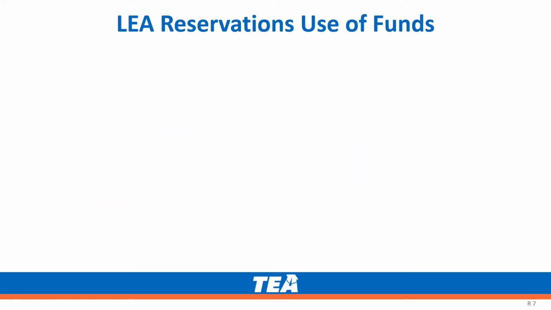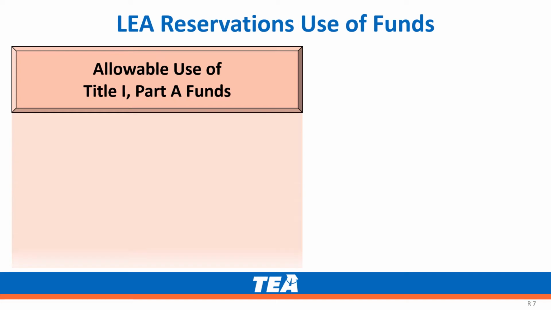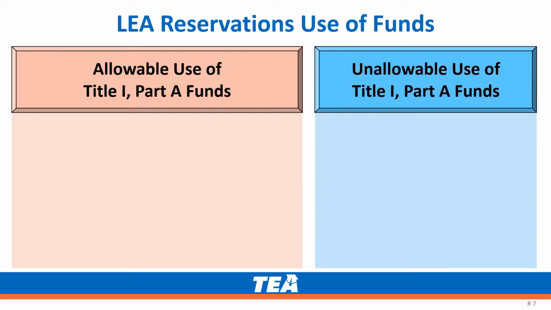To ensure proper use of Title I Part A funds that are reserved at the LEA level, I wanted to go over allowable and unallowable uses of Title I Part A funds as it relates to funds reserved at the LEA level. Title I Part A funds can only be used to support Title I Part A students at Title I Part A served campuses, with only one exception.